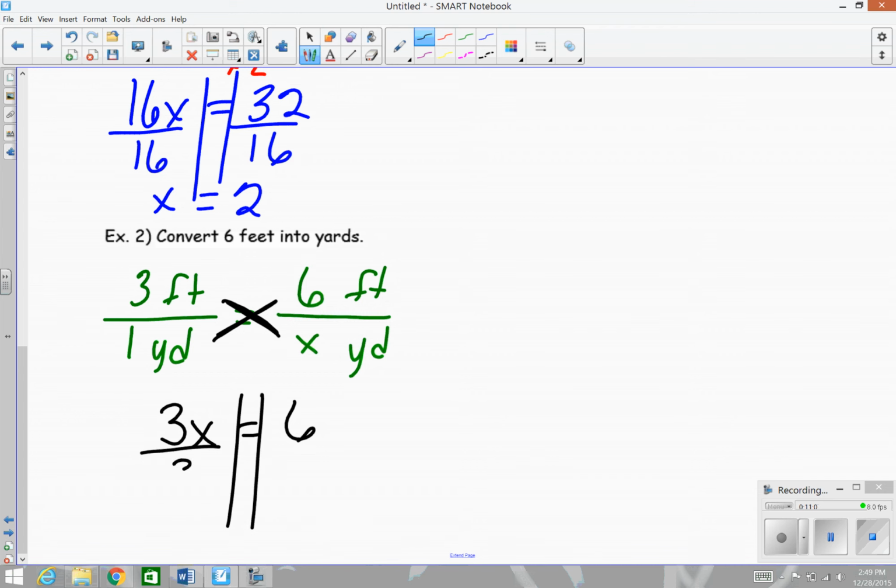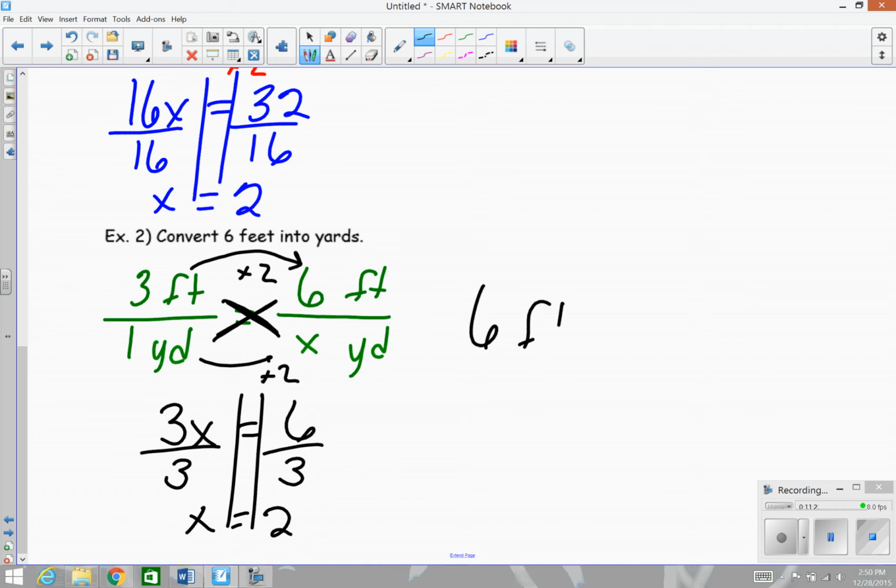Draw your river, divide by 3, x equals 2. Or all you need to do is recognize that 3 times 2 is 6, 1 times 2 is 2. Very similar to the last one we did. 6 feet equals 2 yards. When you're all set, flip to the next page.